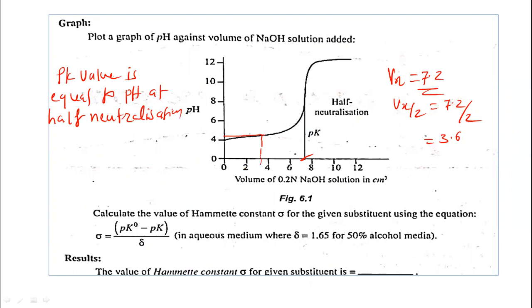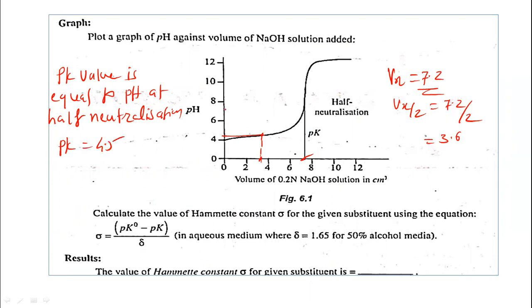Suppose this is 3.6 here, then at 3.6 the corresponding pH value is 4.5. So 4.5 is the pK value.